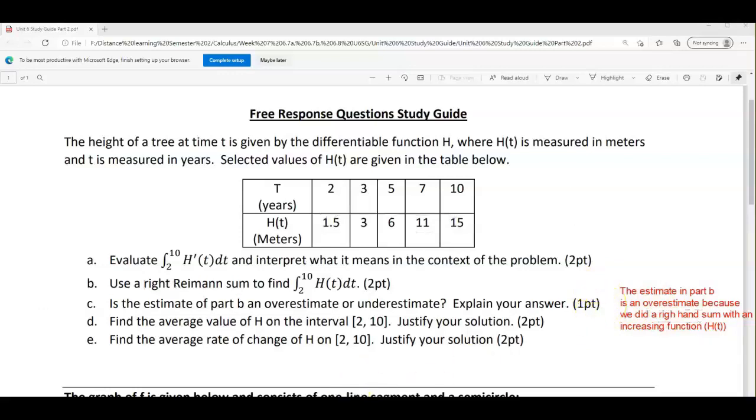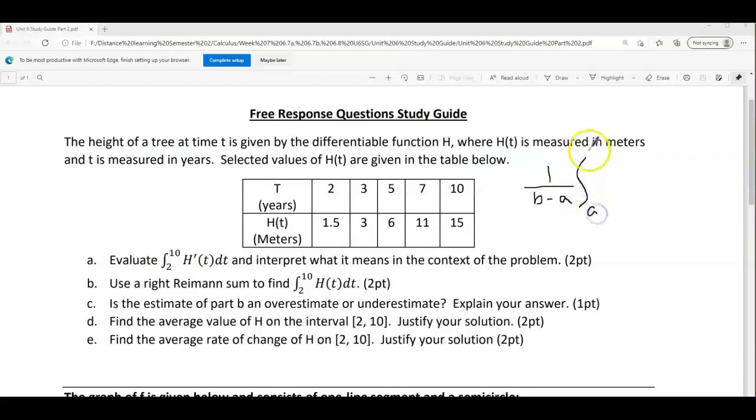All right, let's go ahead and take a look at part D. Find the average value of h on the interval from 2 to 10. Well, how do you find an average value? We learned that in 6.6. The formula for the average value of a function is 1 over b minus a, and then the integral of your function, h, on that interval.